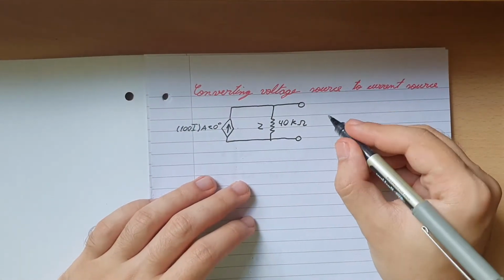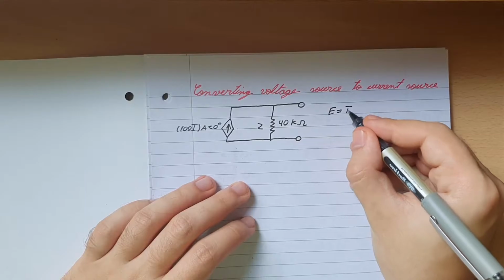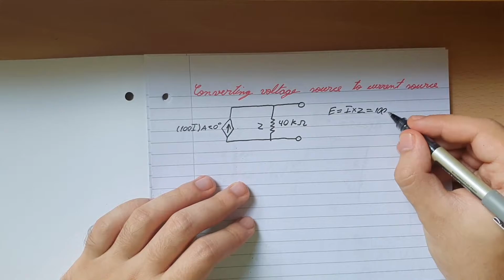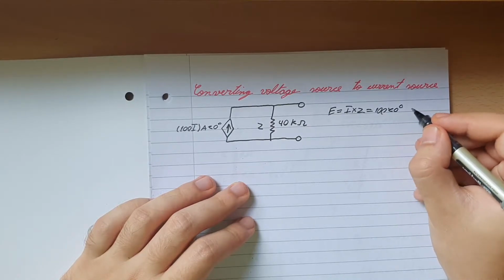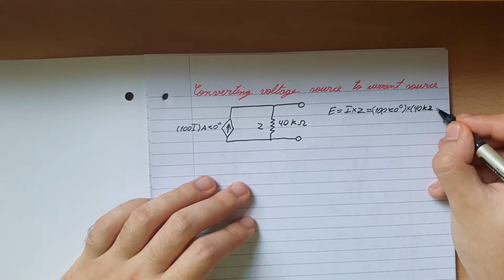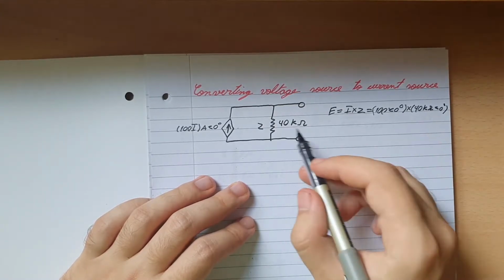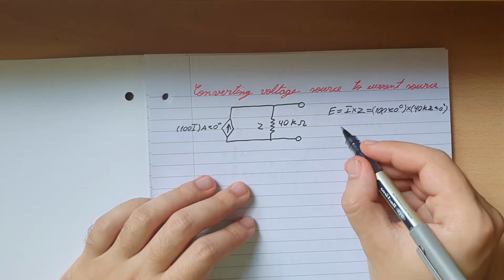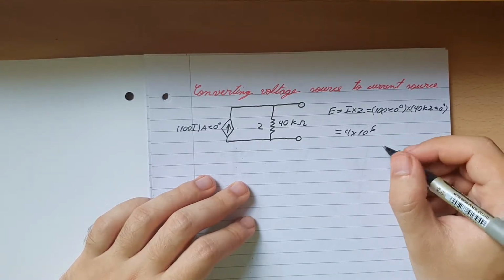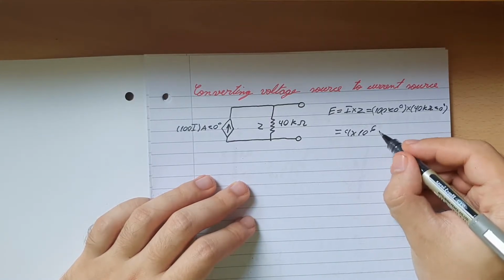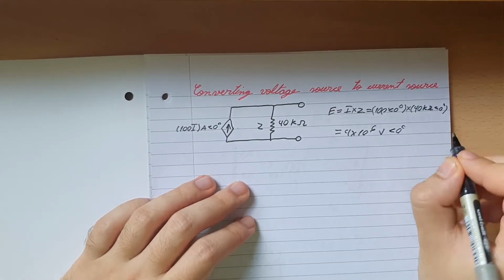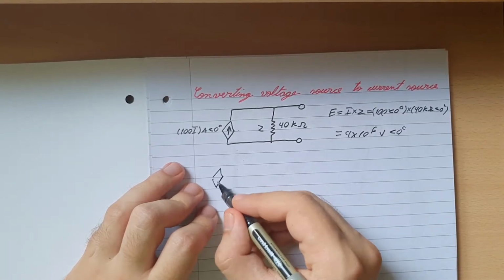So for this one, it's basically E is equal to I multiplied by Z, so that's equal to the 100 amps, so 100 at an angle of 0 degrees multiplied by 40k ohms at an angle of 0 degrees with the resistance here, and then that will be equal to 4 times 10 to the 6 volts. My god, that's a lot actually. Oh well, at an angle of 0 degrees, so we can just redraw it like this.